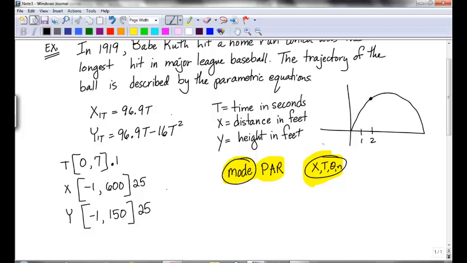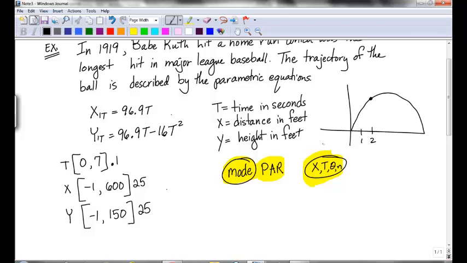That takes a long time. The x, let's go -1 to 600, and let's go every 25. You could go every 50, every 100. For the y, I'm going -1 to 150 feet high and 25. Okay, and now graph it.